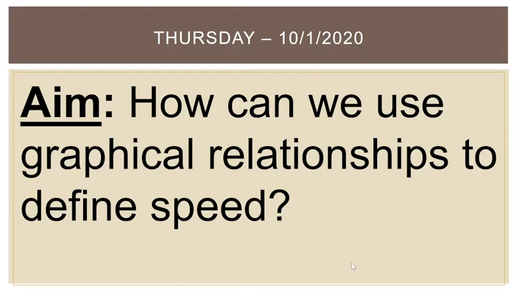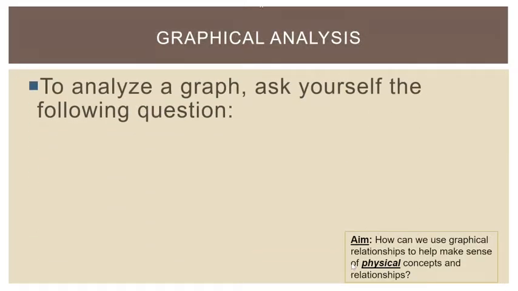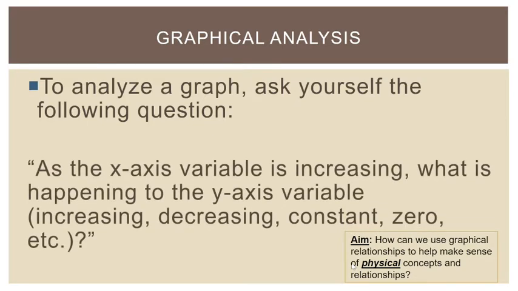So, the first thing we want to say here is about how to read a graph. When you are analyzing a graph in physics, you really only have to ask yourself one question: as the x-axis variable is increasing, what is happening to the y-axis variable?